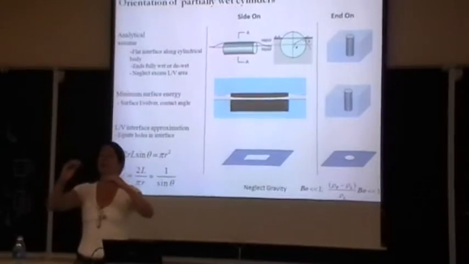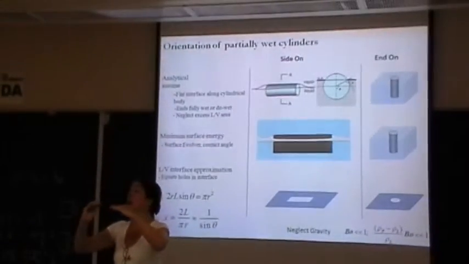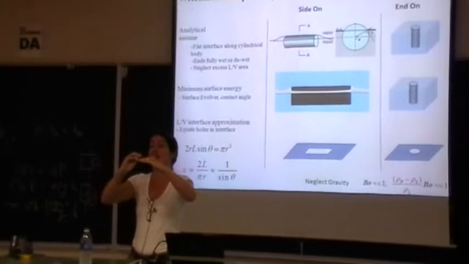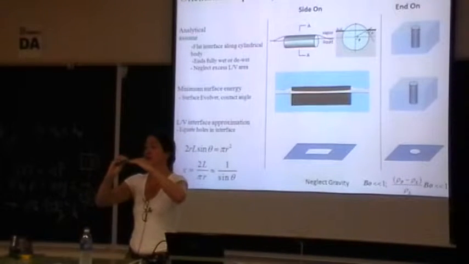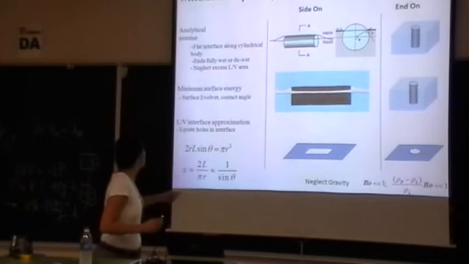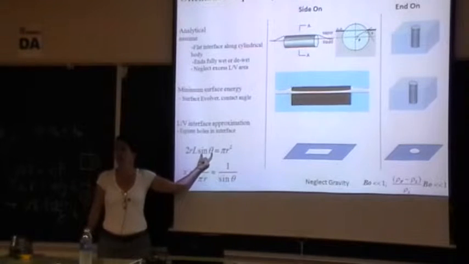If my cylinder really was indifferent between liquid and vapor, I'd have a contact angle of 90 degrees, and that rectangle would be L times D, right? But if I'm partially wet, I'd be underwater more, right? I'd make a thinner rectangle.